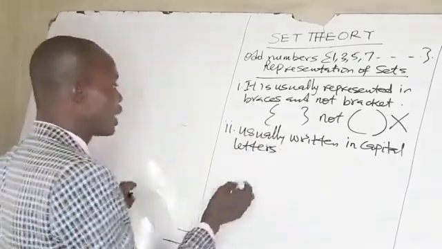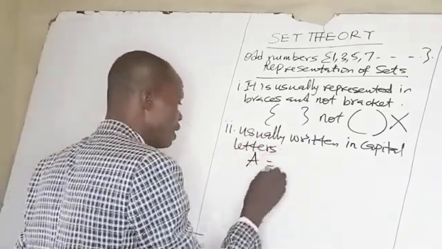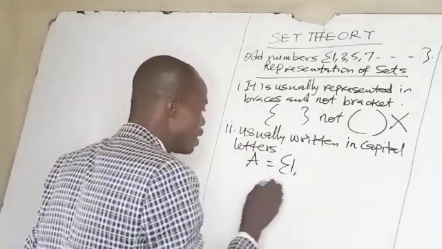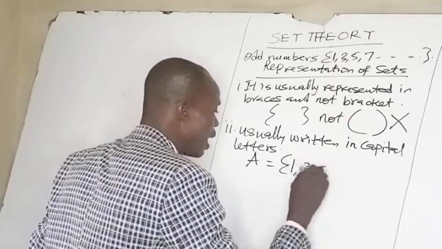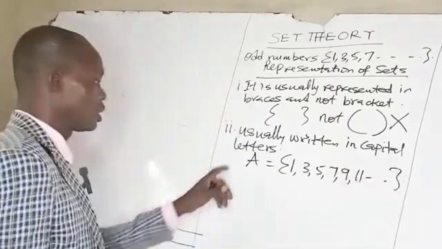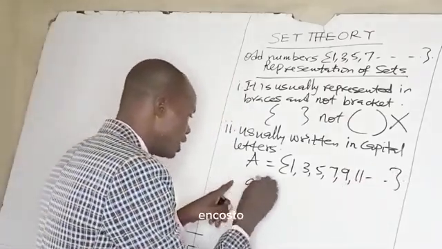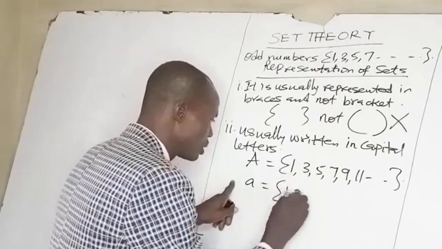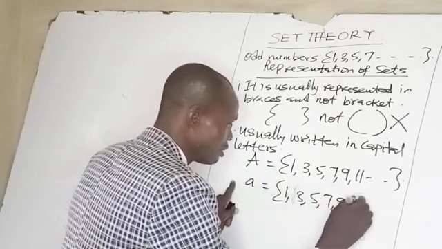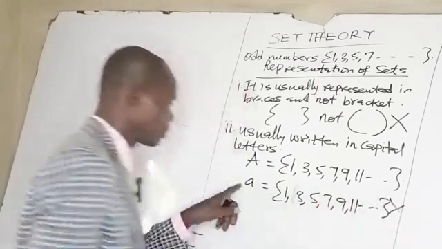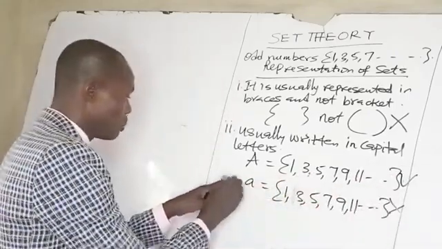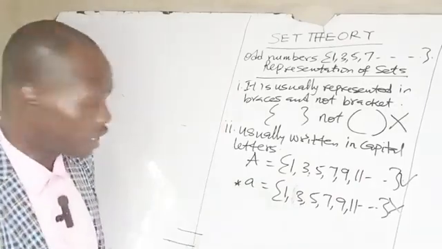So let us say you have A. If A is the set of odd numbers, you may have A equal to {1, 3, 5, 7, 9, 11, etc.}. So it is wrong to write it without braces as A equals 1, 3, 5, 7, 9, 11, etc. This is wrong. This is right. So we normally use capital letters for sets.